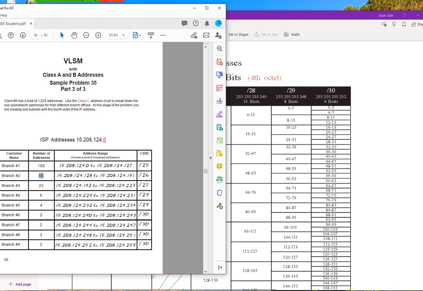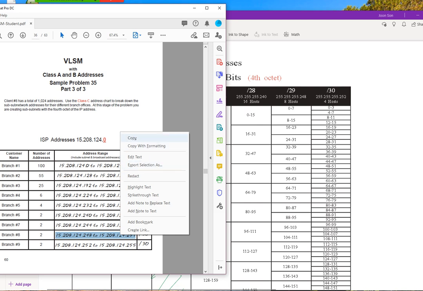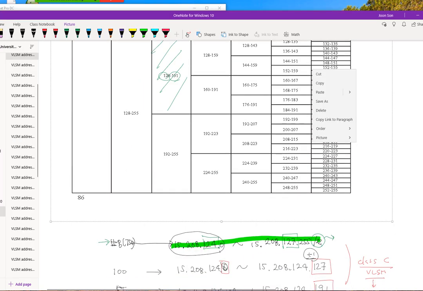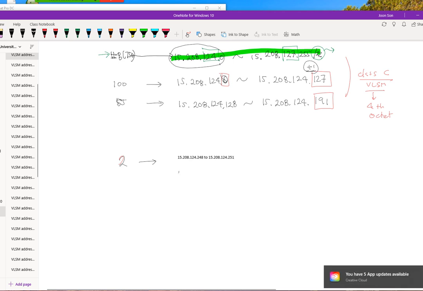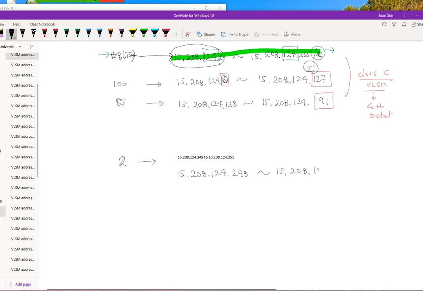So the IP address is what? Let me copy and paste. Okay, so the IP address is 15.208.124.248 through 15.208.124.251, and this is slash 30.